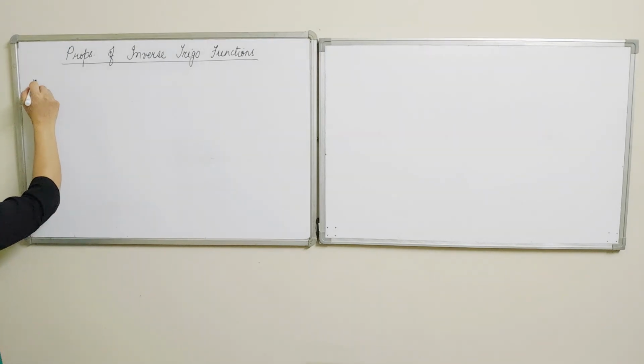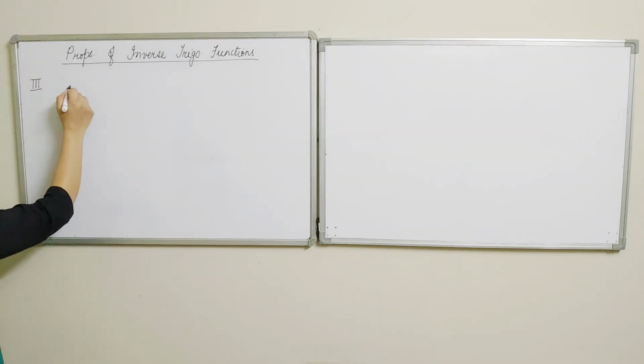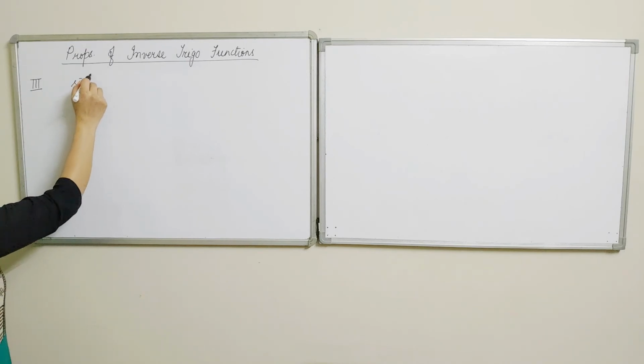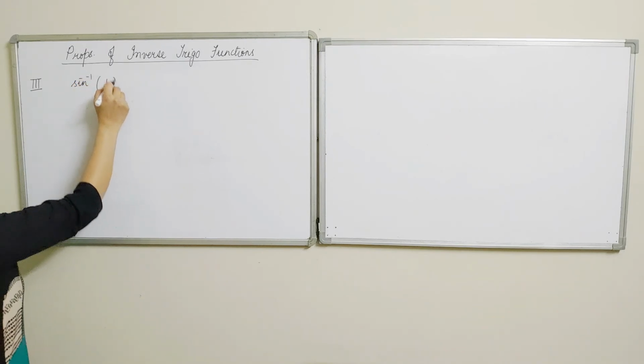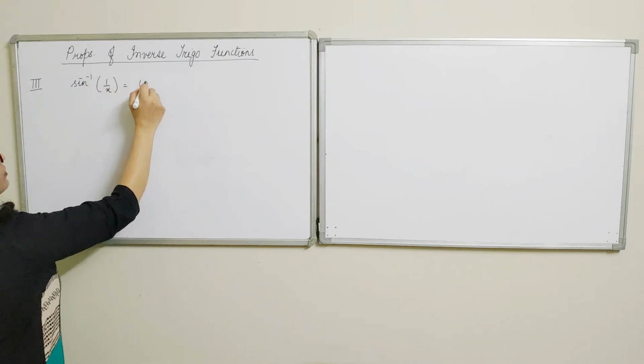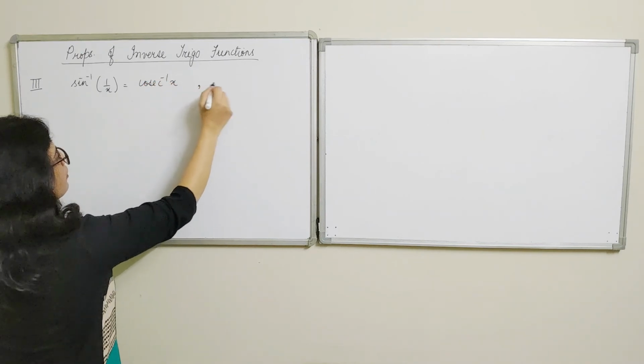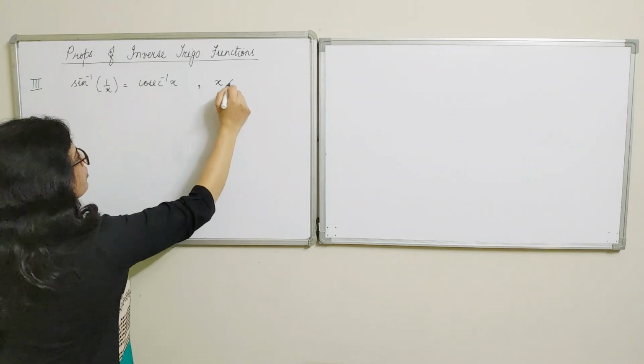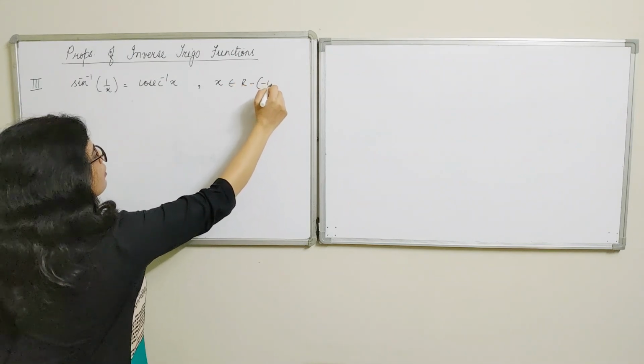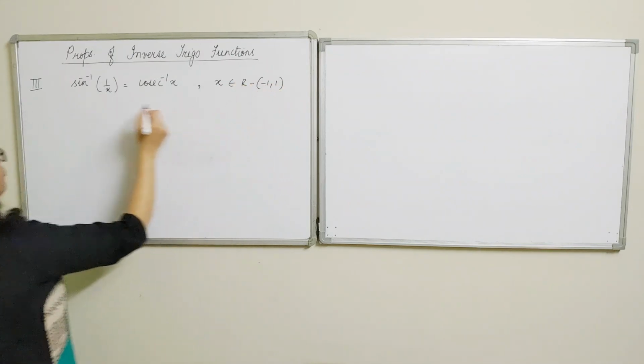Now the third set of properties: sine inverse 1 by x is cosec inverse x when x belongs to this subset of real numbers.